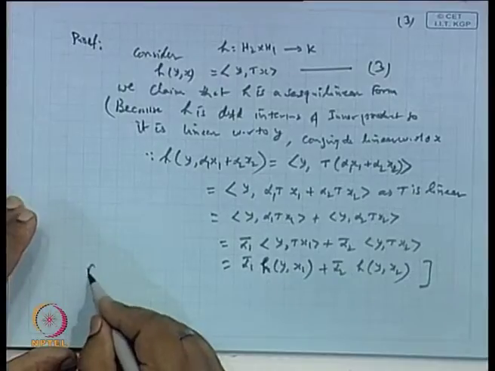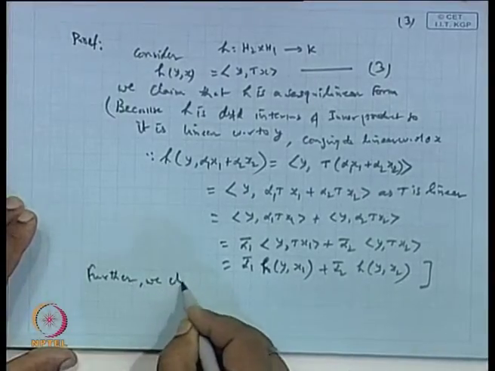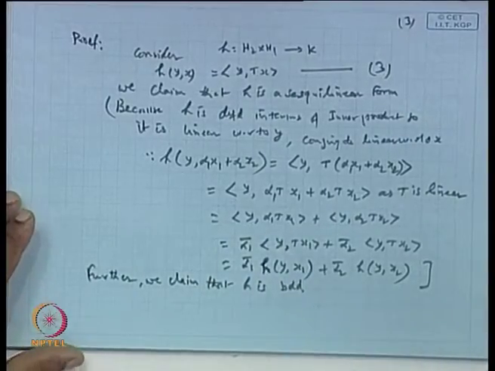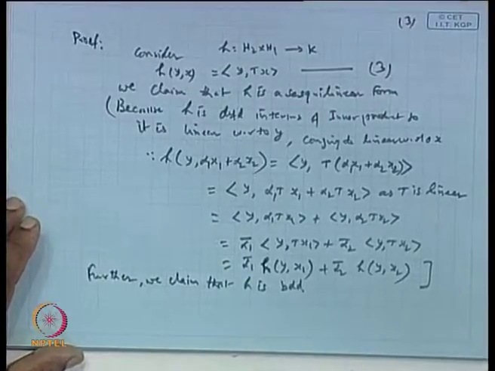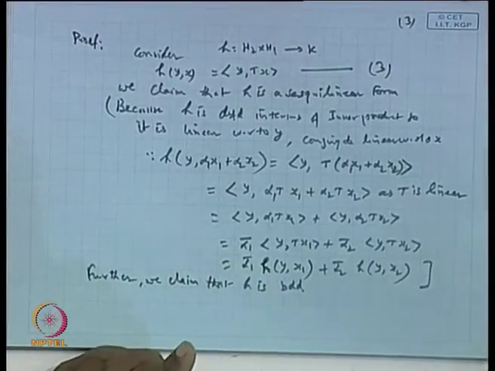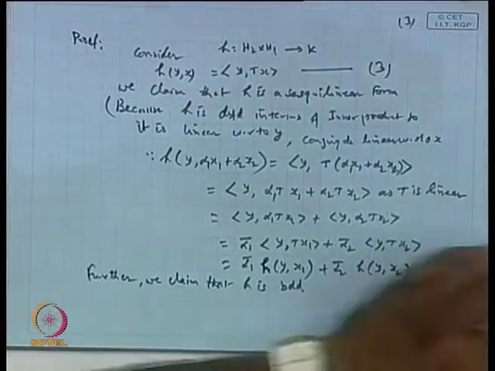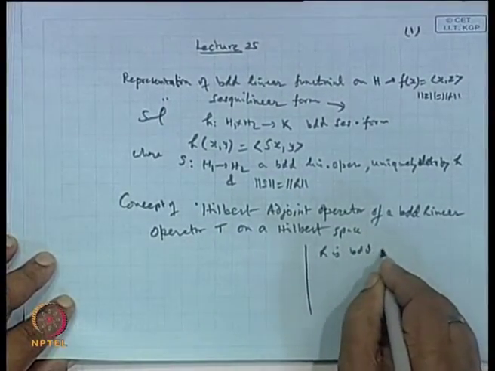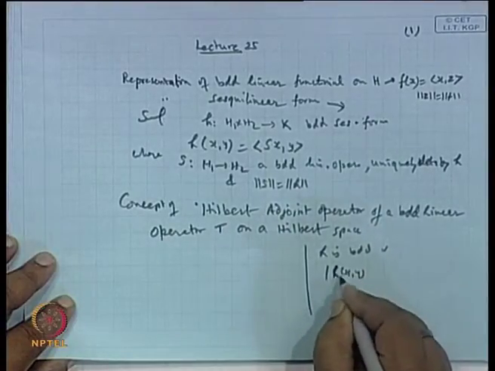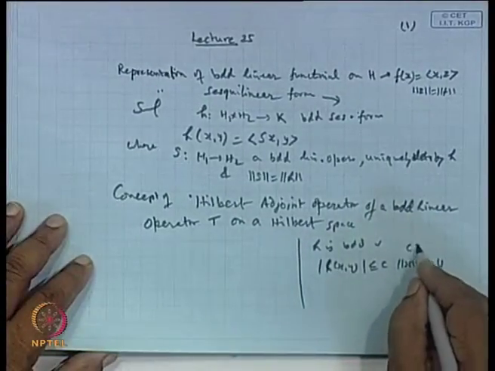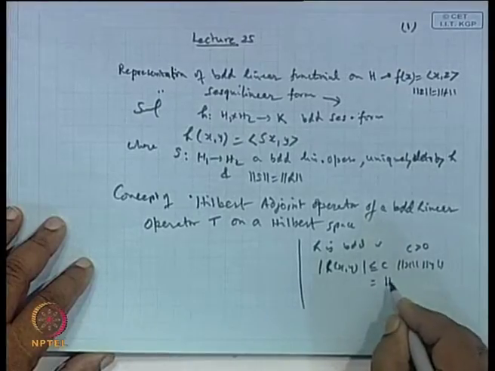Further, we claim that h is bounded. Bounded means a sesquilinear form h is said to be bounded if mod of h(x, y) is less than or equal to c times norm x norm y, where c is some real number and the minimum value of c comes out to be norm h.